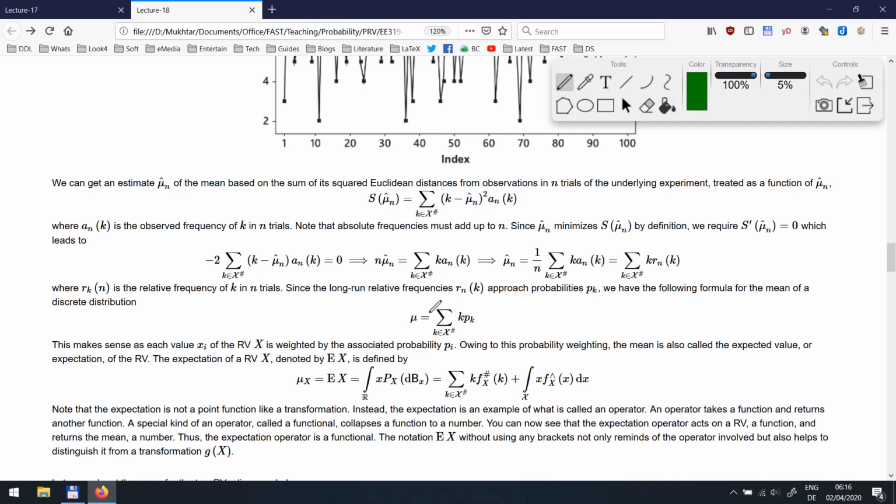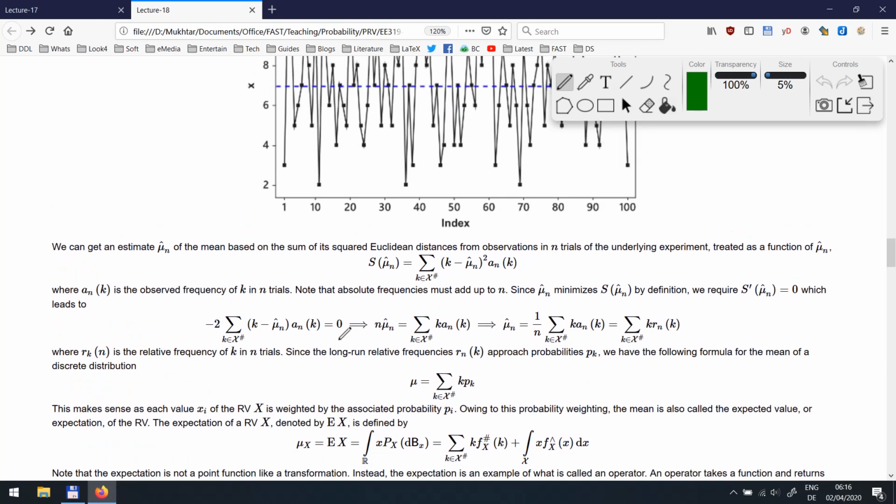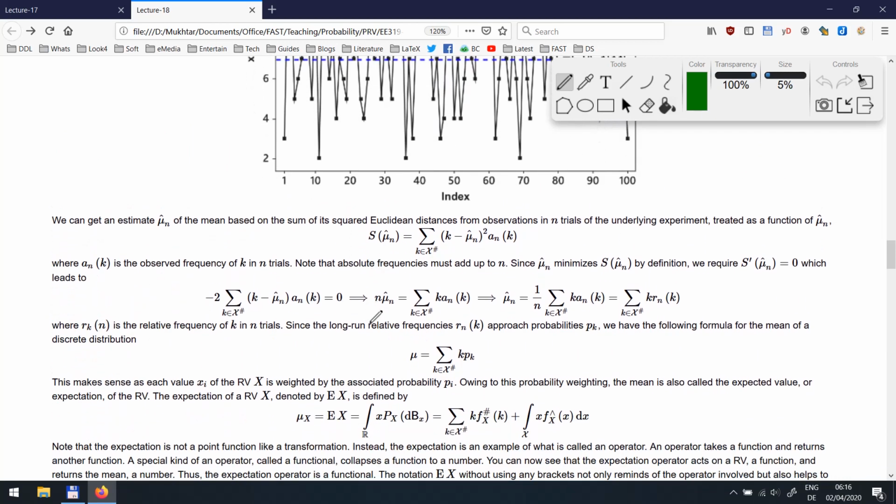Now we established this for discrete random variables, and that's why you have this sum, but this concept can be applied to continuous random variables as well. Then you simply will have this summation replaced by integration.